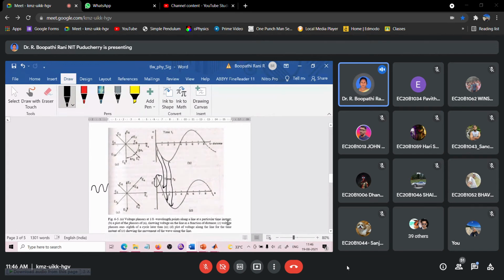C denotes voltage phasors 1/8 of a cycle later than A. After 1/8 later, what will happen? This is rotating. This is the angular representation; with respect to angular representation we can give, as well as in the longitudinal distance-wise the representation also we can give. This is for time t1.